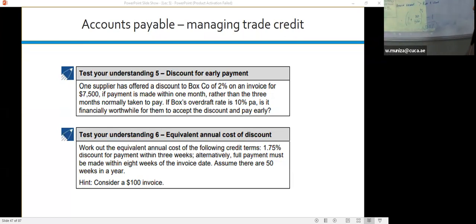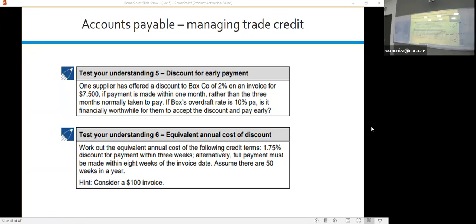In both ways you can do. Here, in the case of weeks, how will you divide them? 50 weeks a year. Yes, 50 weeks are there.